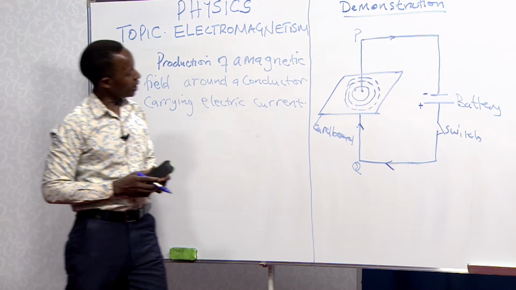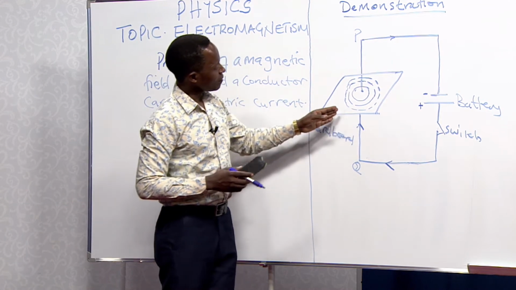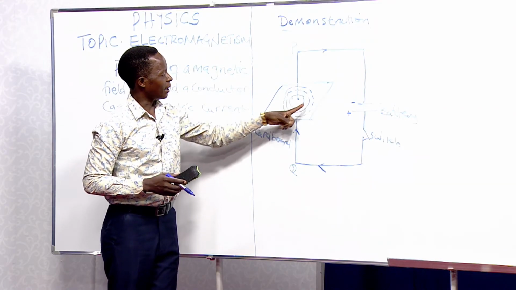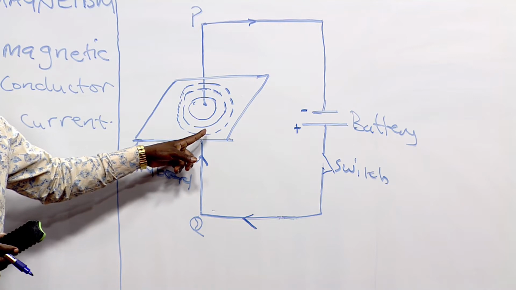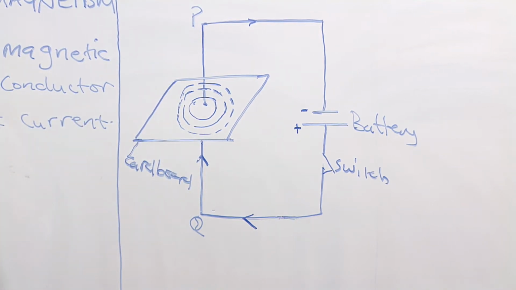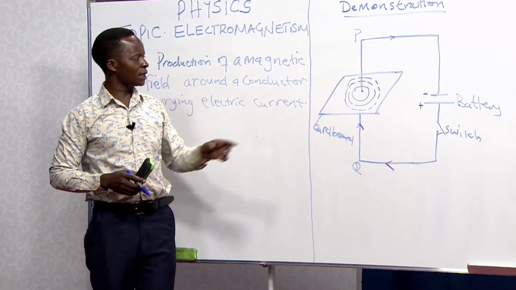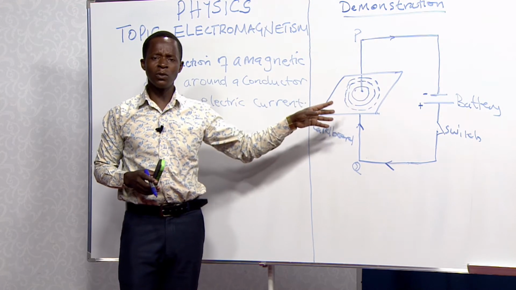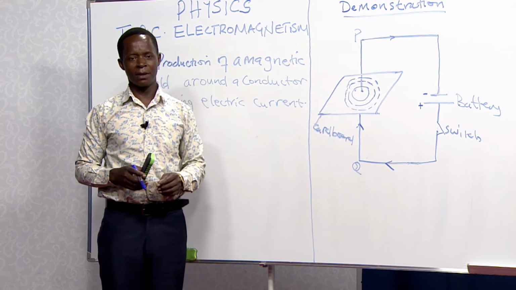Now, when you look at these circles formed by the iron filings around the wire, like your teacher told you in magnetic field, a magnetic field has direction. At this point, you may not be able to tell the direction because you have used iron filings.